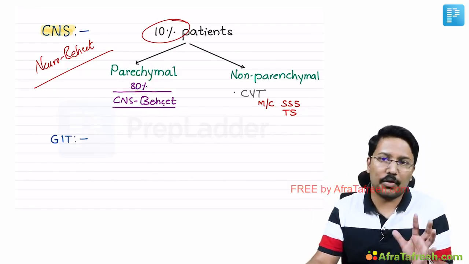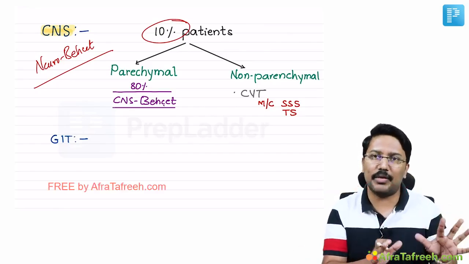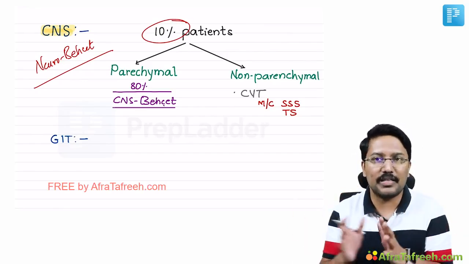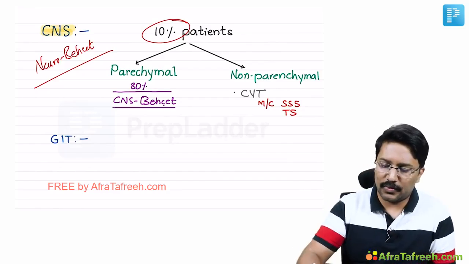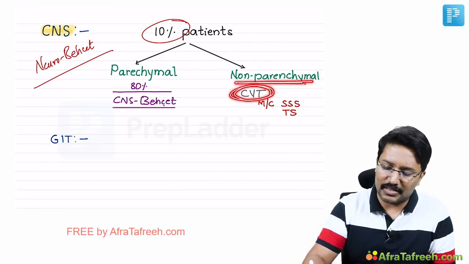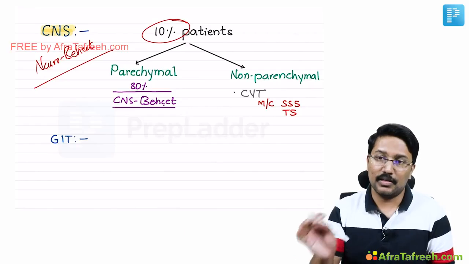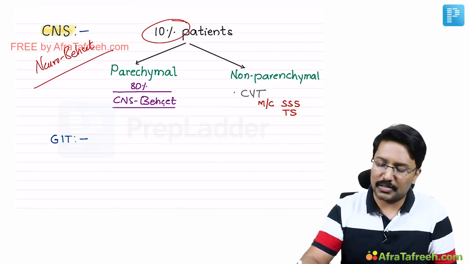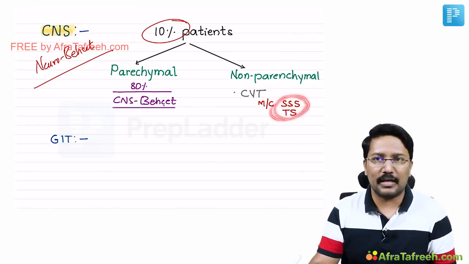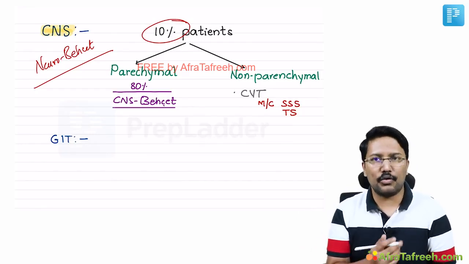On the other hand, we also have non-parenchymal manifestation, which is primarily about vein involvement. In the very beginning, we learned that in Behçet syndrome both arteries as well as veins are affected. So non-parenchymal brain involvement is primarily about patients developing cortical vein thrombosis. The most commonly affected are the superior sagittal sinus and transverse sinus, and they develop thrombosis. That is about neuro-Behçet.